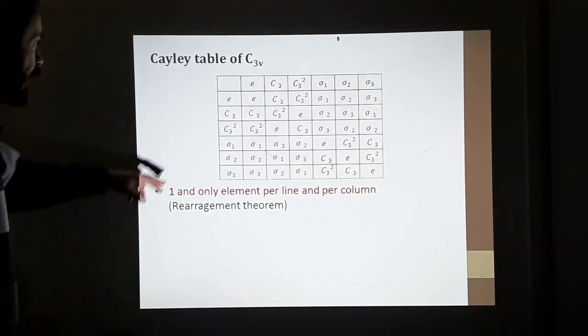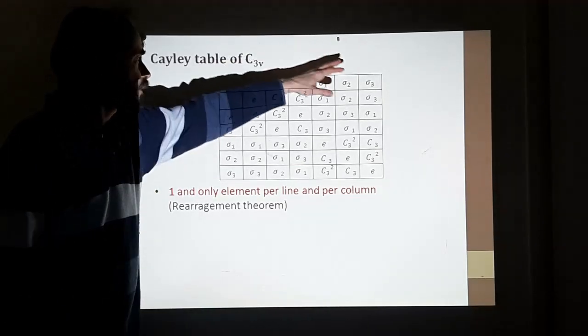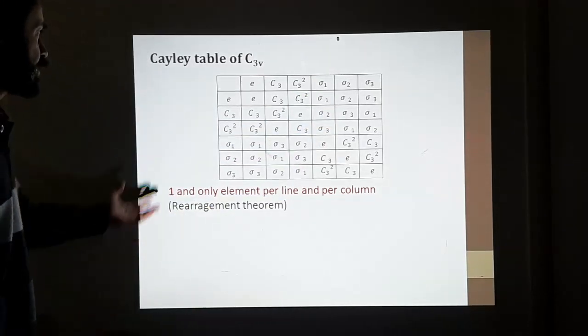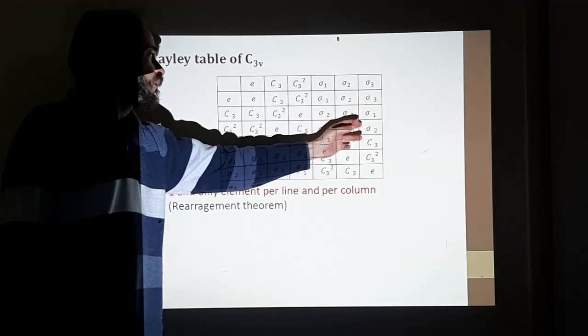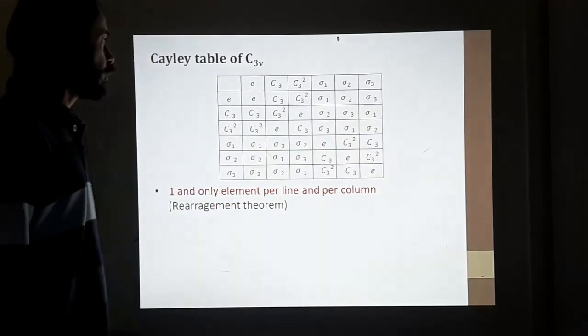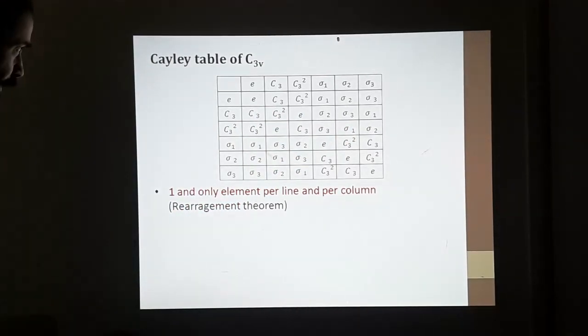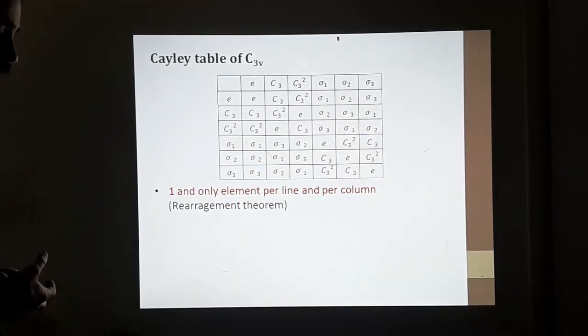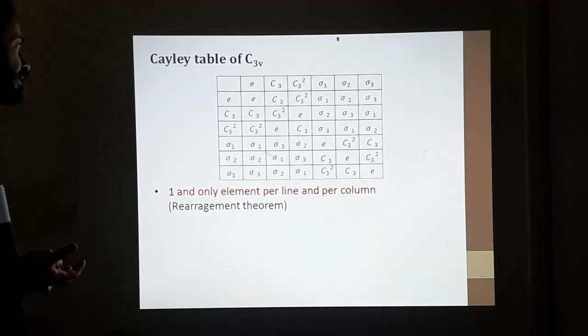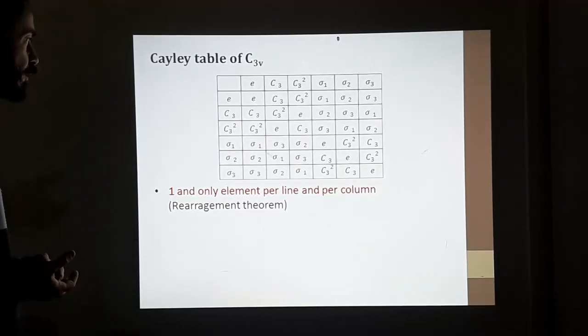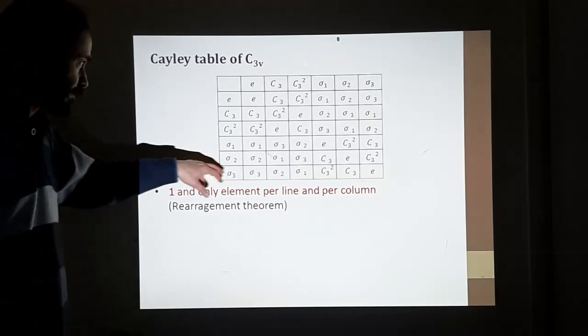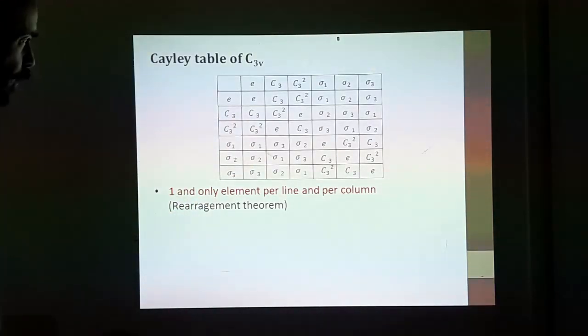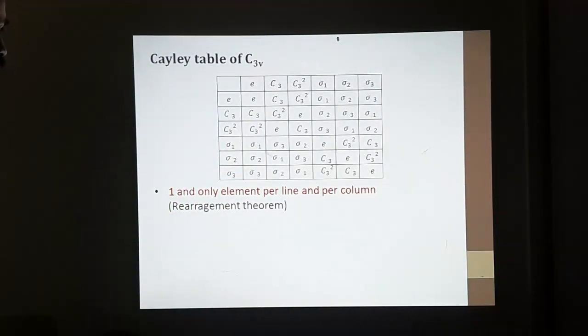When you multiply one element by the group, you must generate the elements of the group itself, but in a different order. So this is a fast check to see if your Cayley table is correct or not. You must have only one of each element per line and per column.